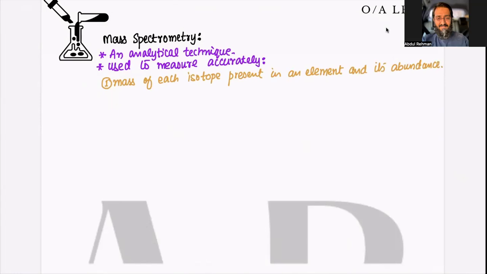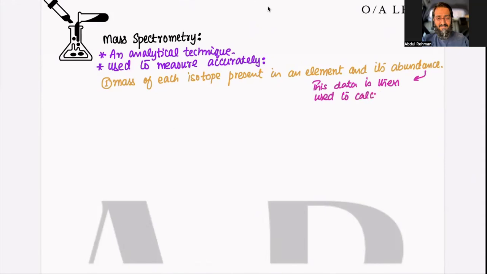And when we get this data, we get the mass and we get its abundance. So this data is then used for all of the isotopes' individual masses.